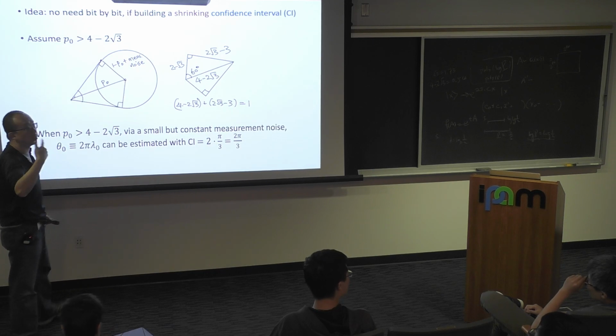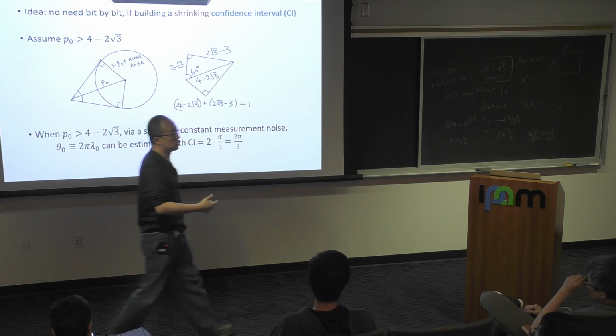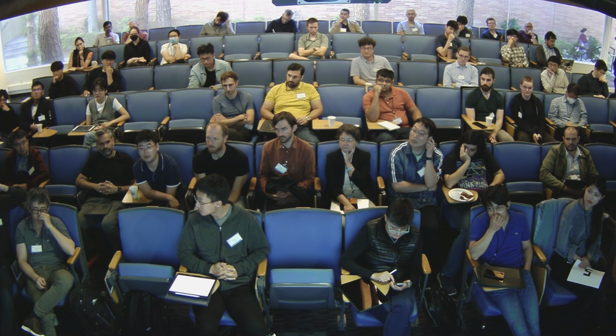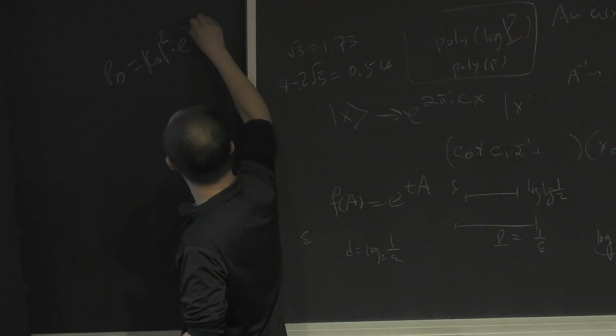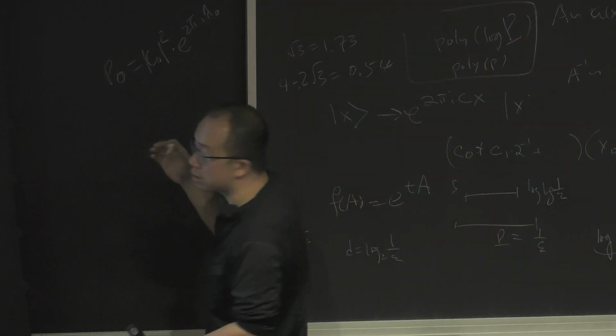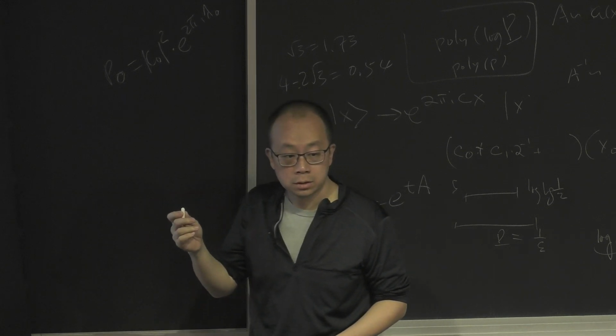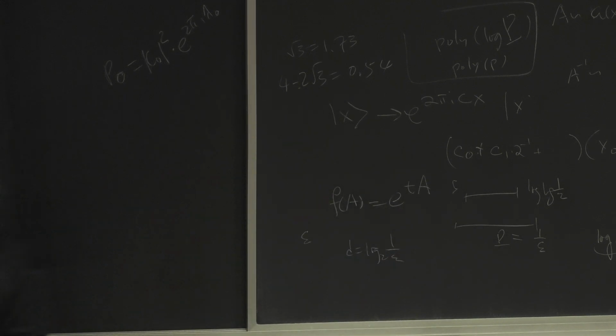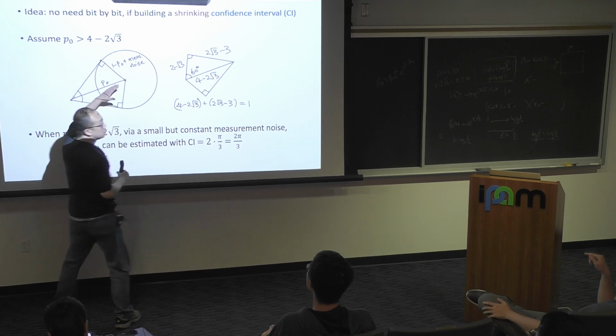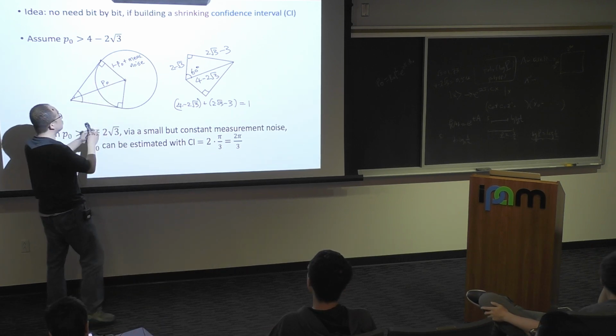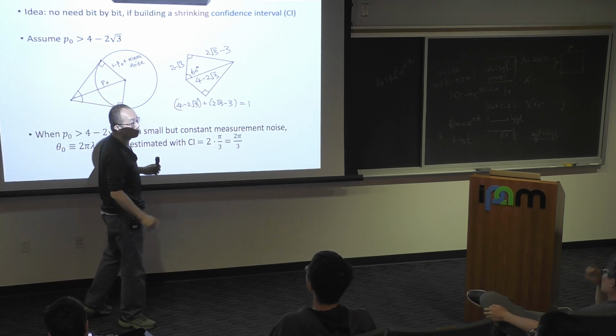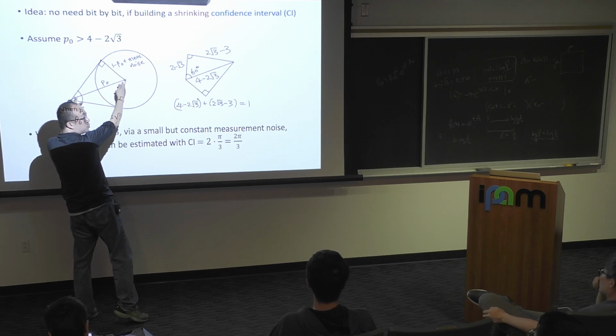Think of P naught as a complex number. Could your estimate lie outside of this? No, it can't, because P naught is C0 squared times e to the 2 pi i lambda 0. So P naught itself is already a complex number, which is why I didn't draw real lines. It has a certain angle here. The length of this is the absolute value of P naught.